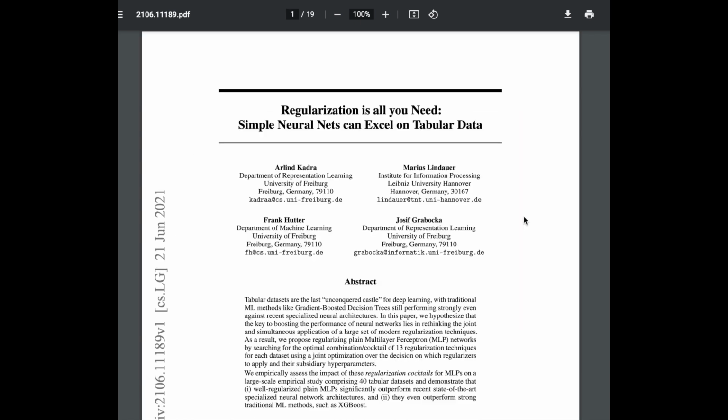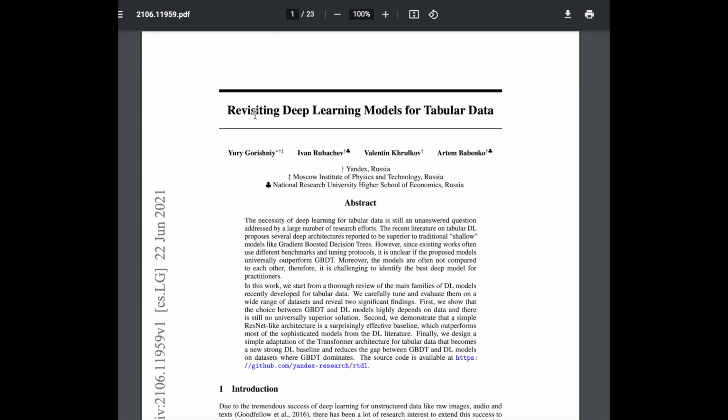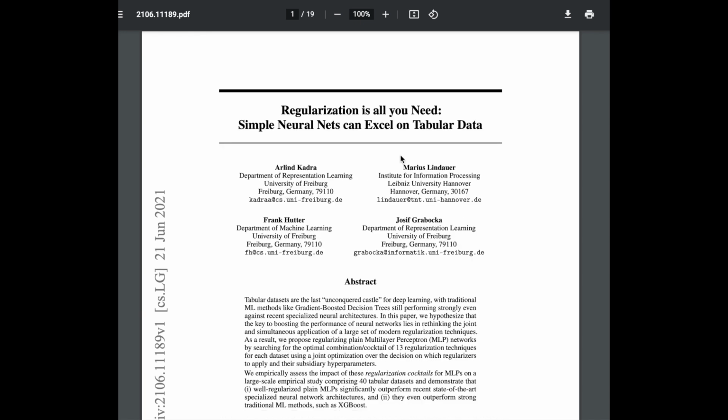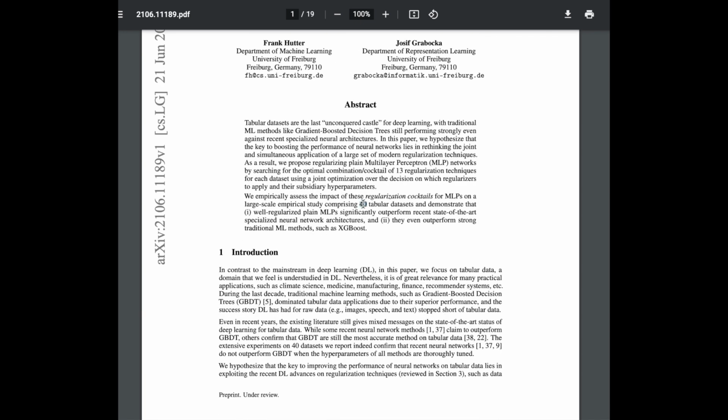Here's a quick look at two of the latest papers on applying deep learning to tabular data: "Regularization is All You Need: Simple Neural Nets Can Excel on Tabular Data", and "Revisiting Deep Learning Models for Tabular Data". So what this one is showing is you have 40 tabular data sets, and you're doing a hyperparameter search across the regularization parameters, as they call the regularization cocktails for MLPs.